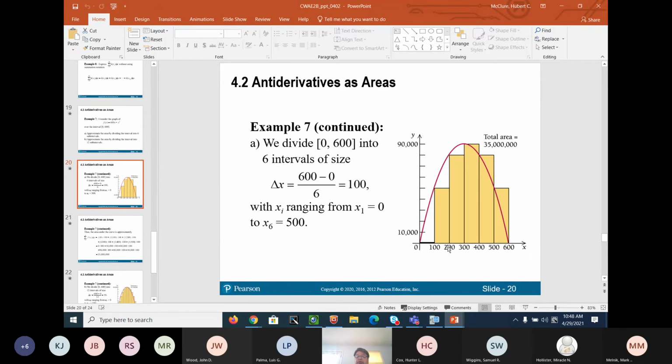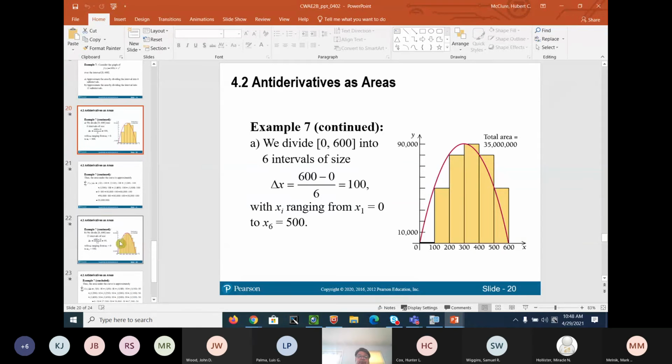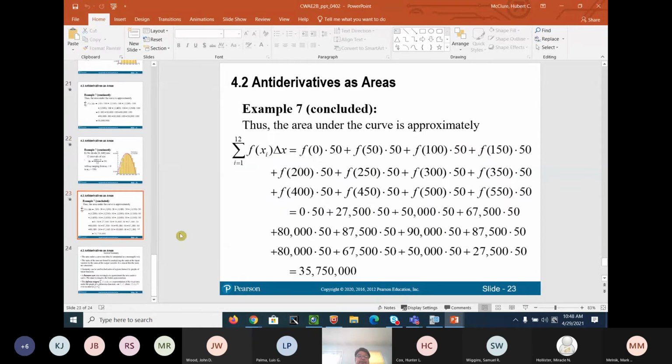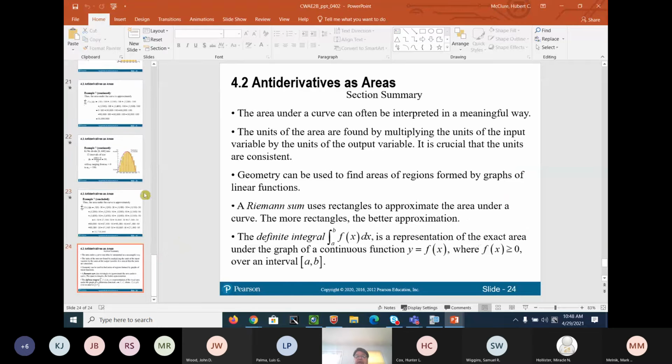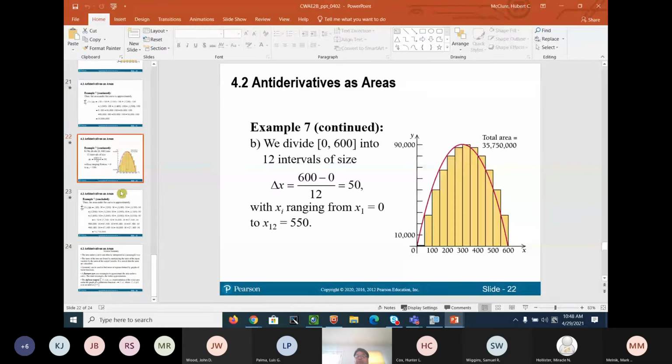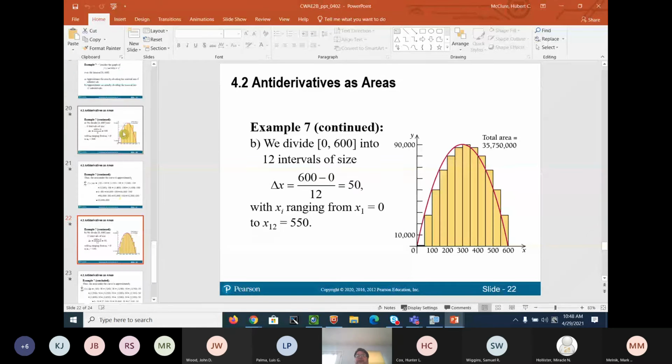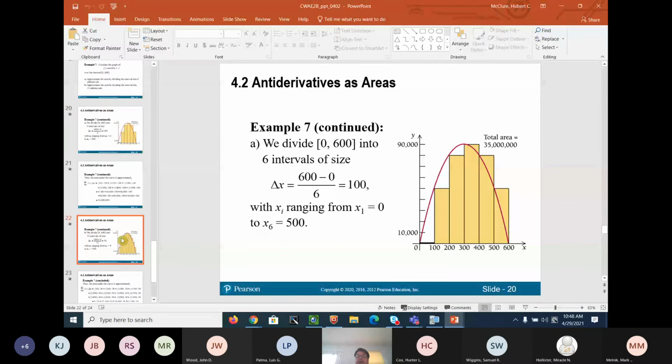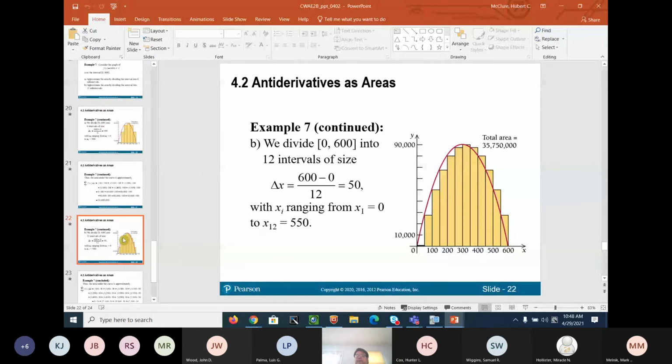You start with 100 times this, 100 times that, and then you say, well, that's too big, so I'll drop it down to 50. Well, that's still too big, so I'll drop it down to 25. Instead of doing Riemann's sum 2 or 3 times, you do the antiderivative, which takes my rectangle down to the width of a hair using infinity and algebra.